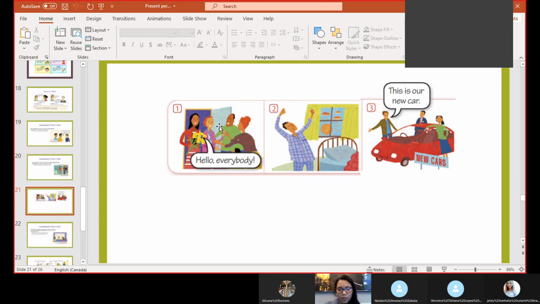And you can find some people here. In number two, the guy is getting up, right? And in number 3, the guy says, this is our new car. So what would you say?